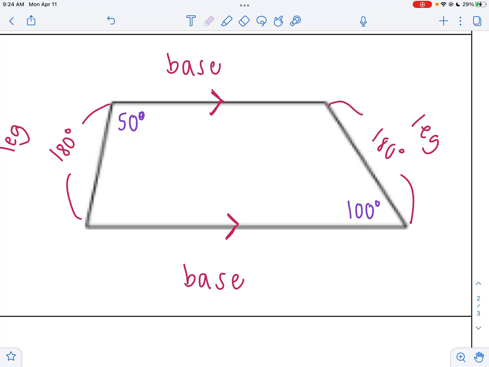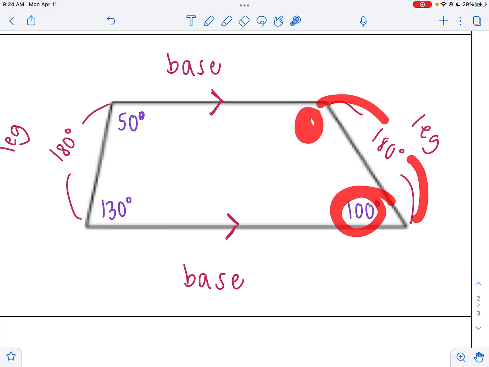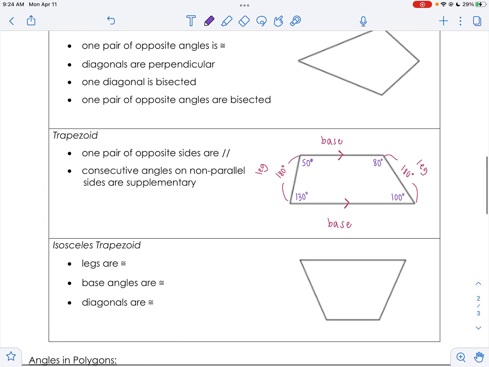So 180 minus 50 would make this piece right here 130. And then to find this angle over here, I would do 180 minus 100 because the legs add up to 180, so that would be 80 degrees. That pretty much is the only pattern that we have for a trapezoid. Not a lot to know, but just that one pair of sides is parallel and the other sides are supplementary.